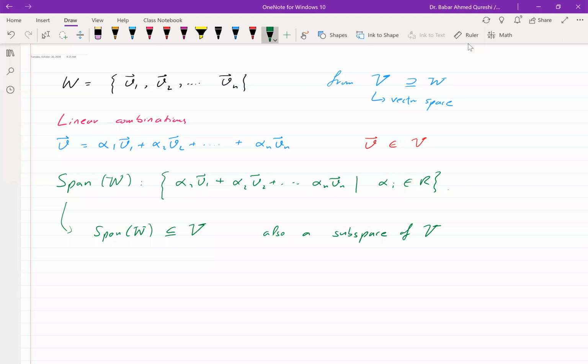That means this set in itself will be a vector space. Or, in other words, span of W is itself a vector space.